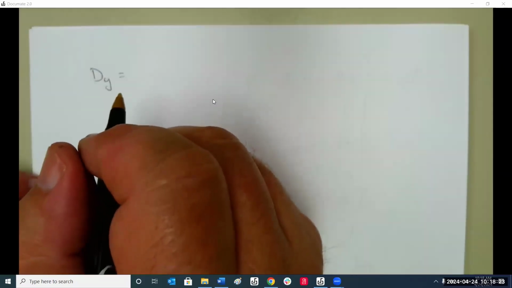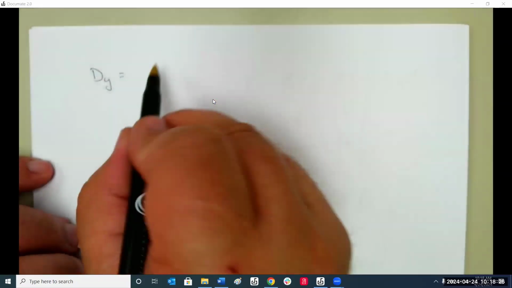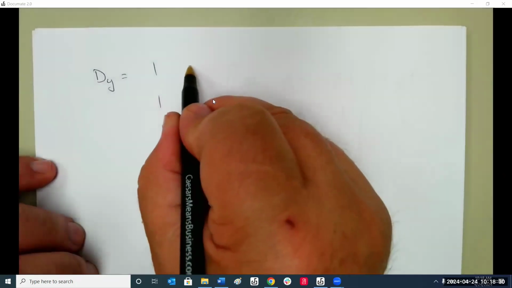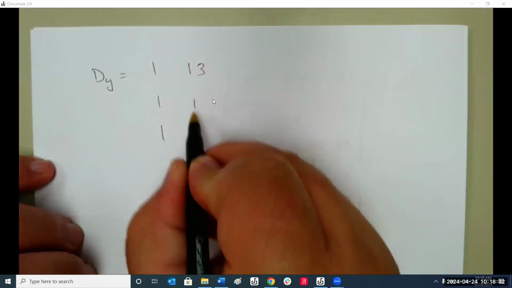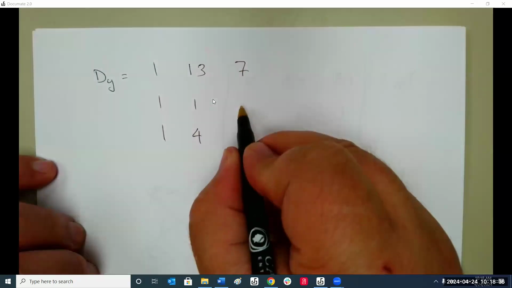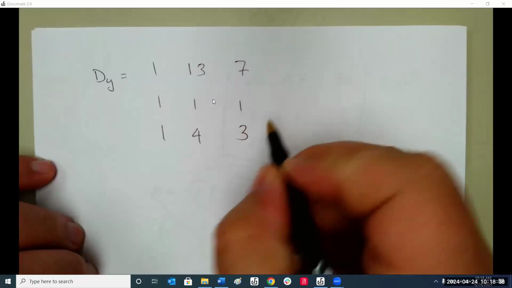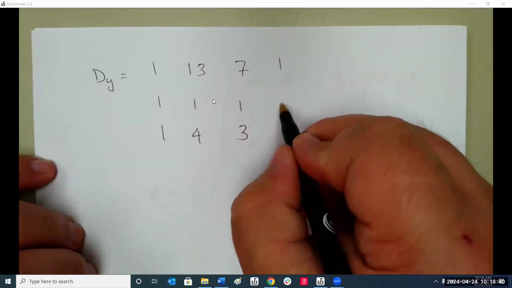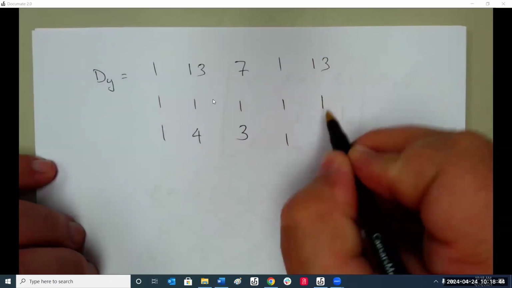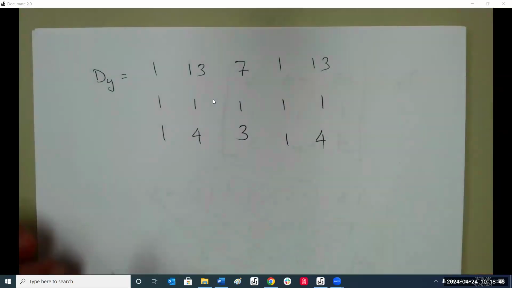Now we take the answers and put it in the y column. So we have 1, 1, 1, 13, 1, 4, 7, 1, 3. 1, 1, 1, 13, 1, 4.